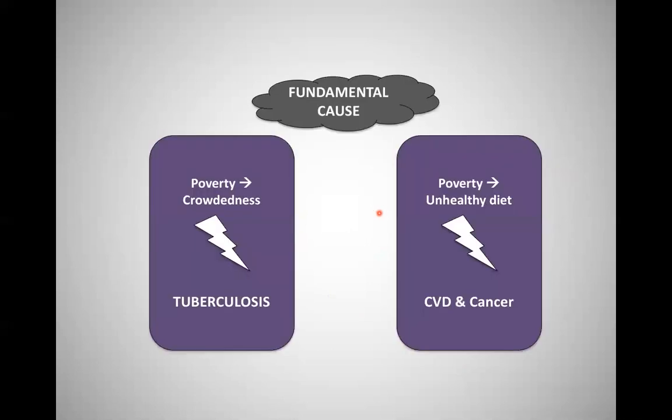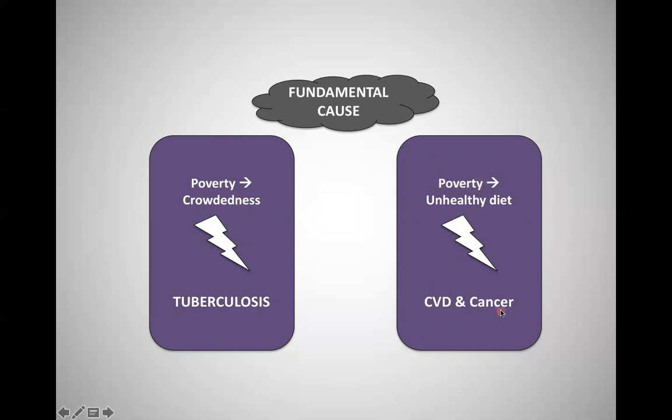Again, the previous slide, poverty affects tuberculosis through crowdedness. Disease outcome number one, pathway number one. Tuberculosis is disease outcome number one. Crowdedness is pathway number one. Here, what we have, poverty.